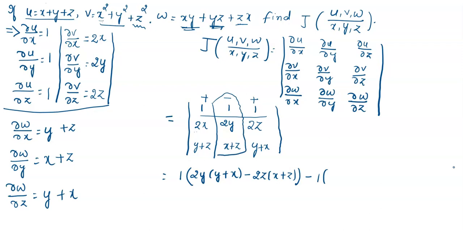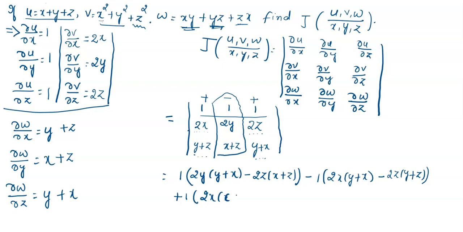So 2x into y plus x minus 2z into y plus z. And now we have to delete the first row and the third column. The sign of the determinant is plus. We have 1 here. Expand this determinant. So 2x into x plus z minus 2y into y plus z.